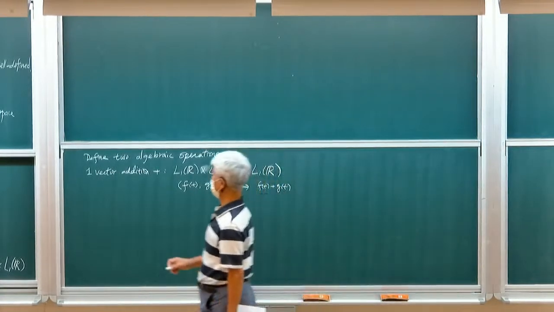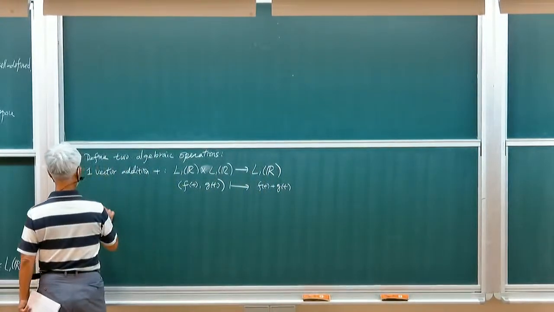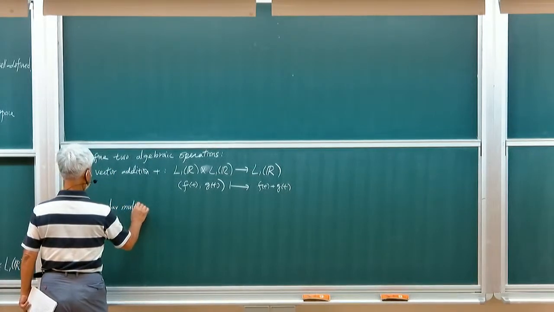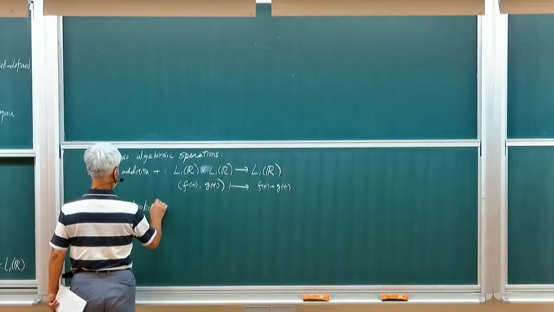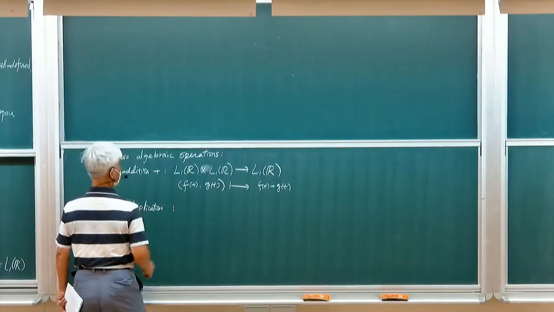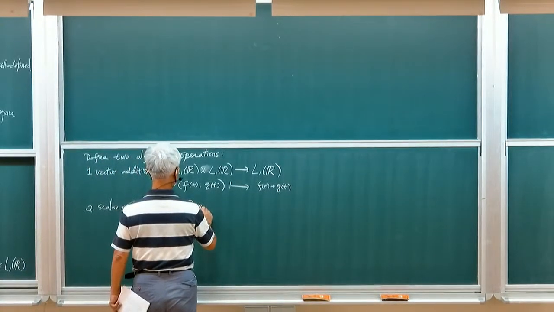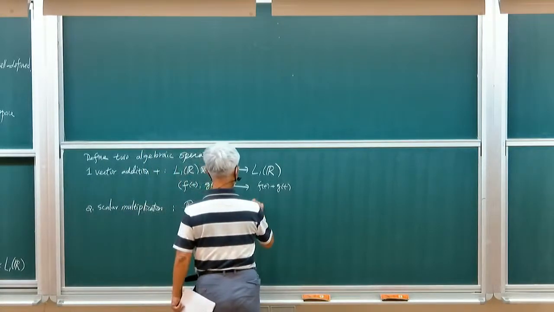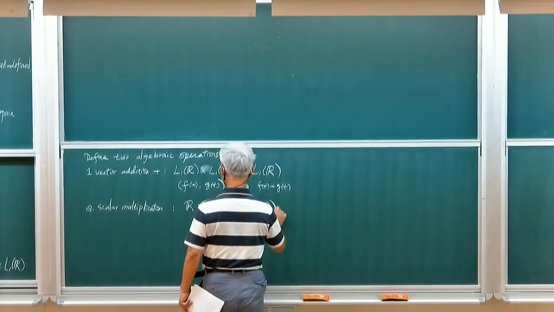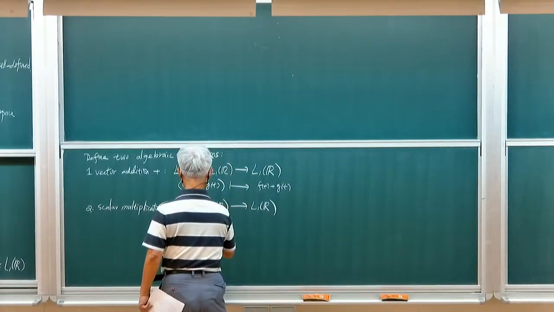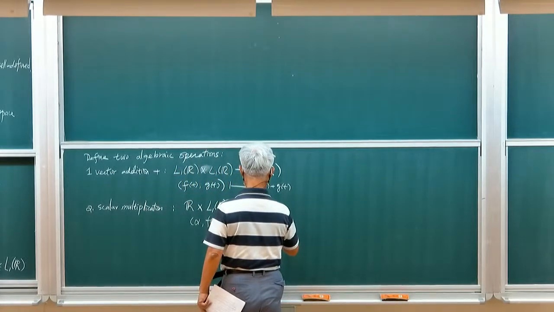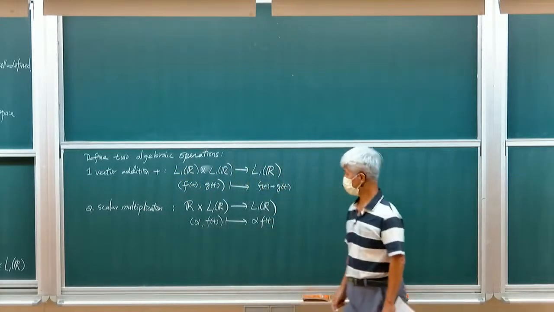And the second is the scalar multiplication. So it's R, Cartesian product with L1(R), goes to L1(R). And this is alpha, f(t) goes to alpha f(t). So it's quite natural.